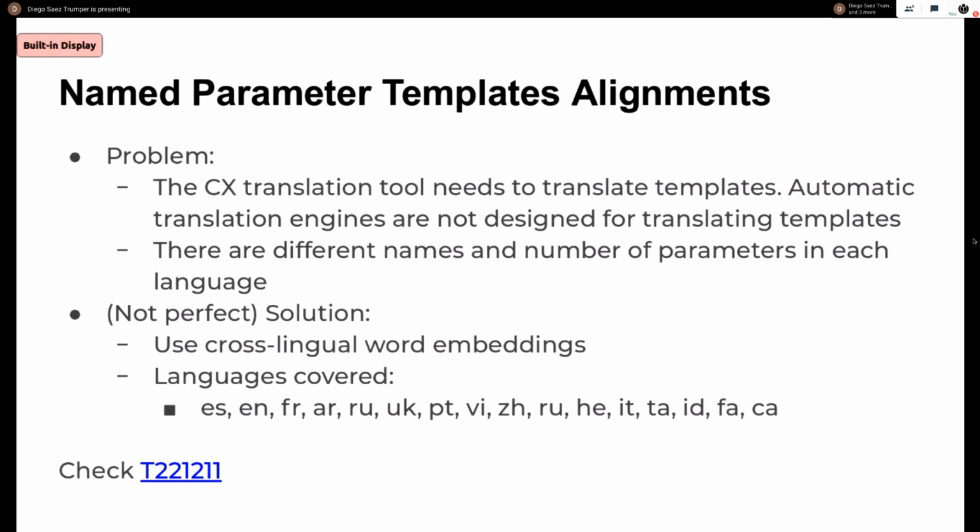When you are translating Wikipedia articles with the content translation tool, it makes a lot of improvements on top of what the machine translation engines are doing. But one problem they had was translating templates, especially named templates, where you have parameters with names that differ in every language.